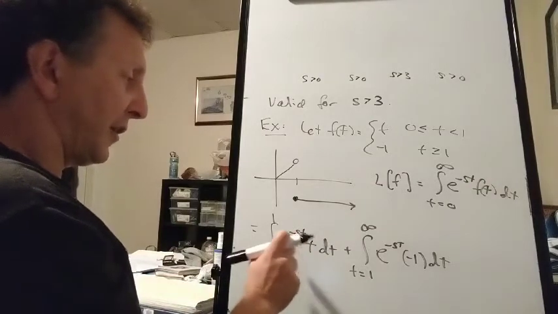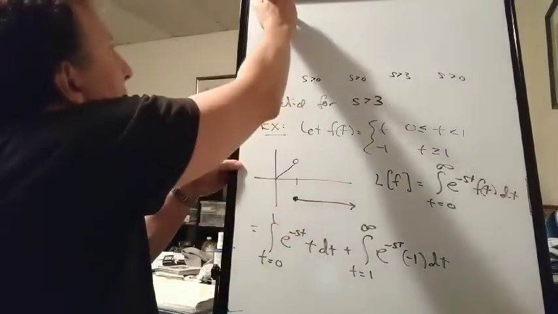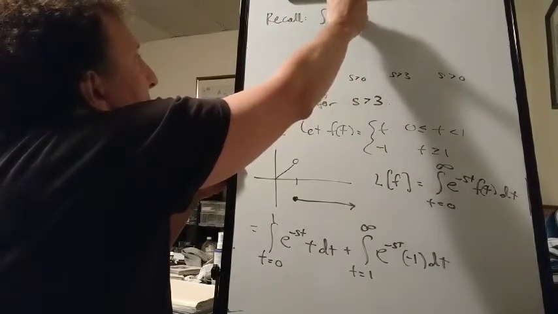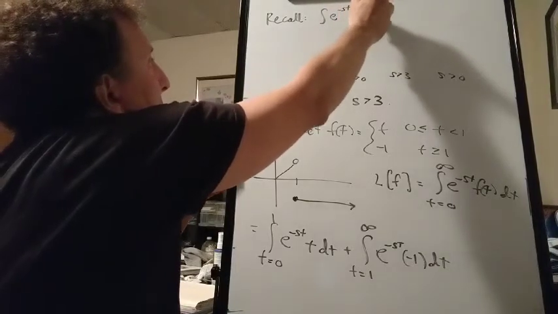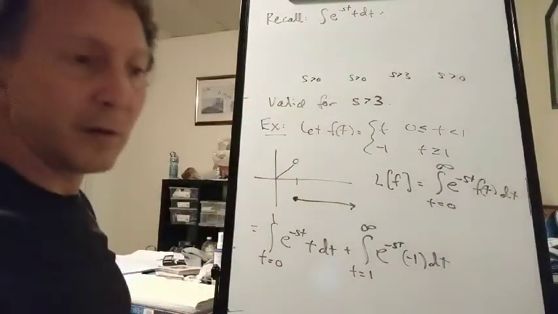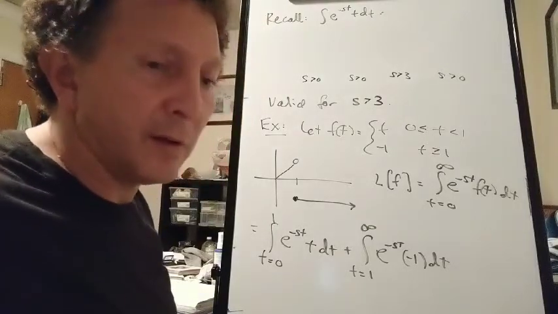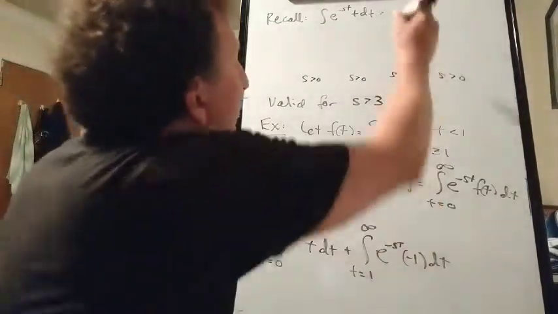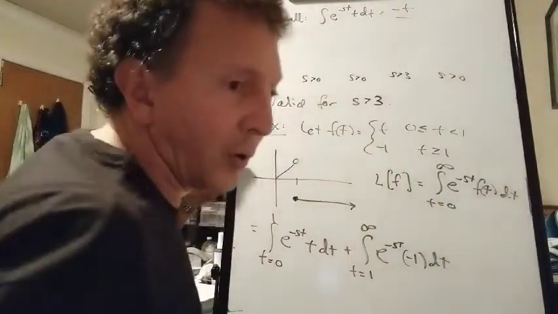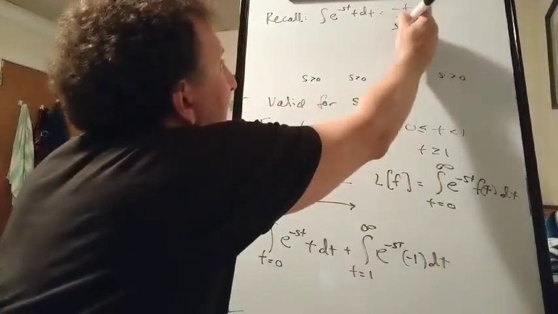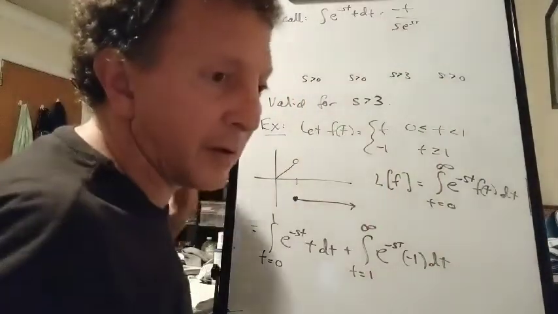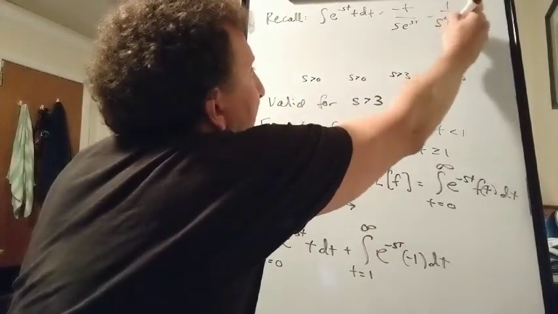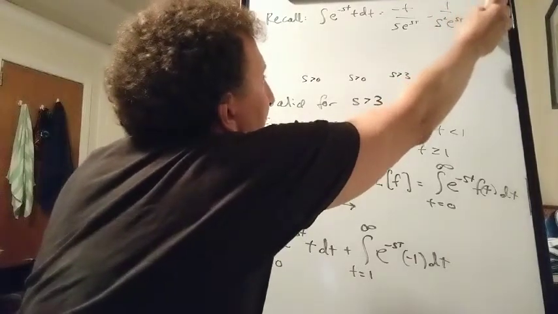Now we did integration by parts on t e to the negative st earlier. So we said that this integral was equal to negative t over s e to the negative st minus 1 over s squared e to the negative st plus c.